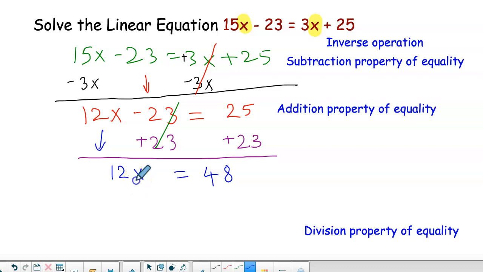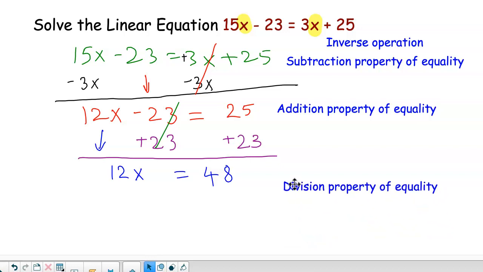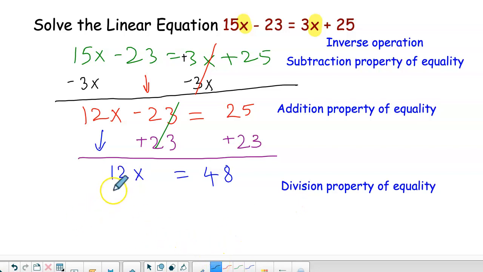Now read this expression. 2x is equal to 48. That is 2 times x is 48. It is times. So the opposite of that multiplication is division. So let us divide by 2.